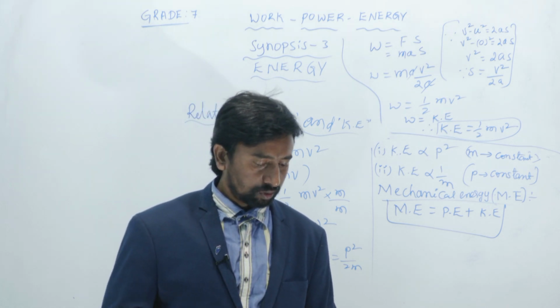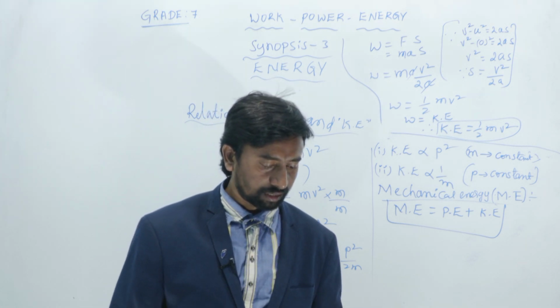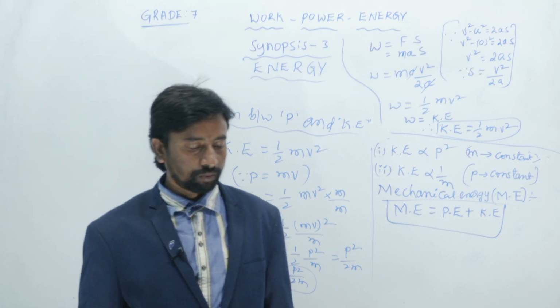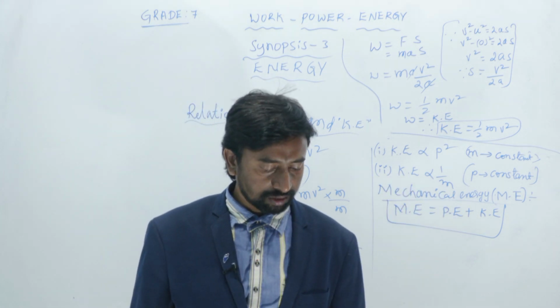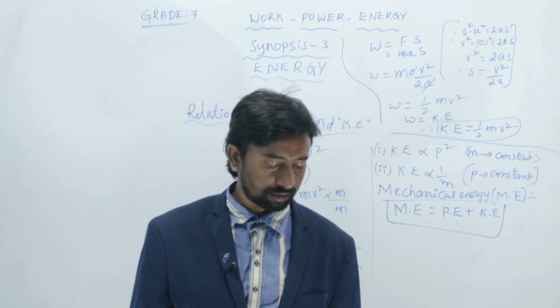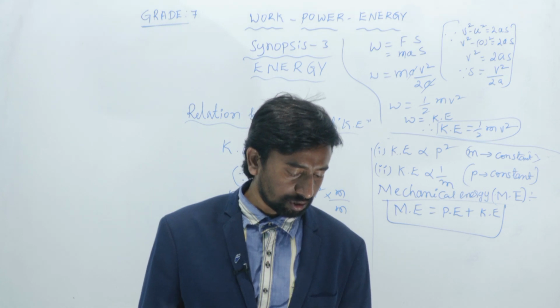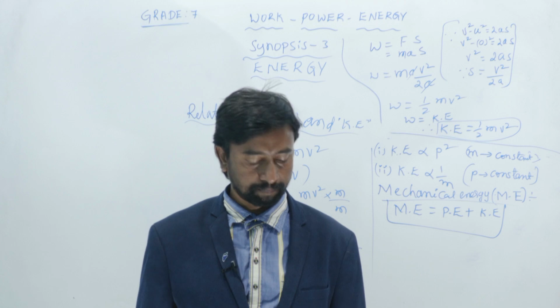Here, practice sheet 3, concept based questions. The relation between kilowatt hour and joule, we have seen: 3.6 into 10 to the power of 6, or 36 into 10 to the power of 5 joule. Option C: kinetic energy depends on position, speed, shape, or color? It depends on the speed of the body.